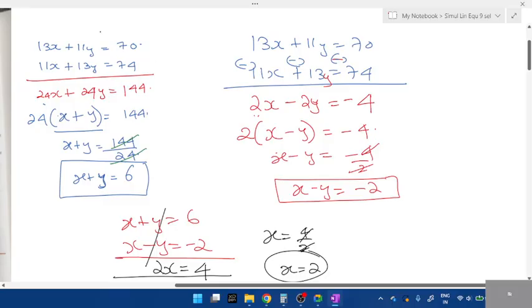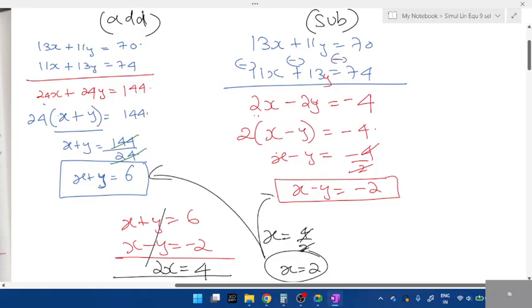So what's the first step we did, students? First you have to add both, and the second step you have to subtract. Then take both the equations, solve x. Now substitute. You can substitute either here or here to find y, anywhere.